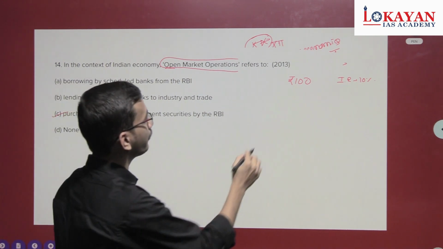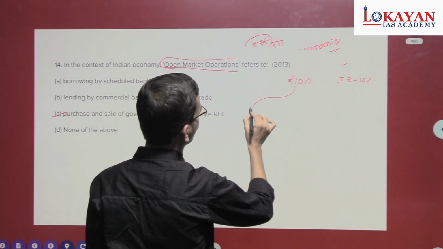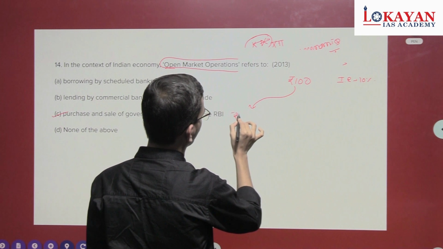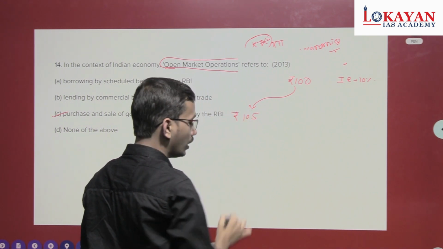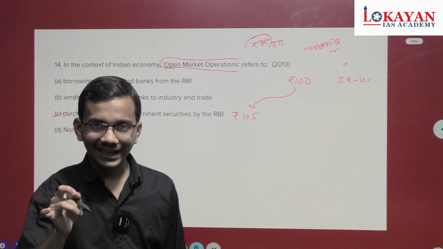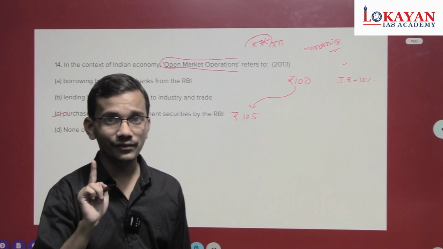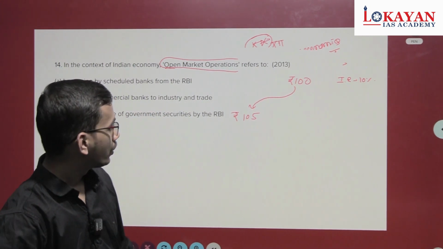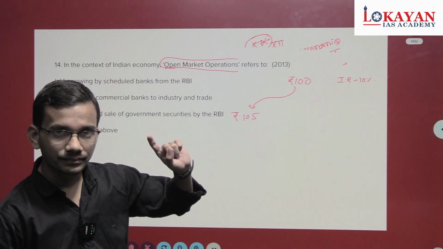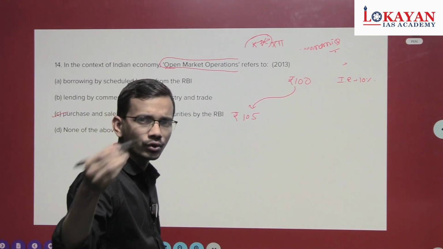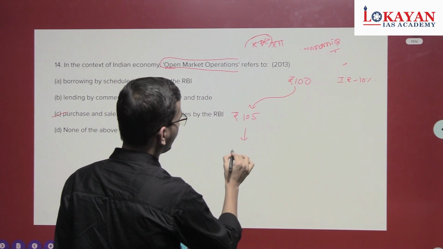It becomes 105. Though the current value of the bond is rupees 105, the face value is rupees 100. So after 1 year, the new bond holder will get 110.